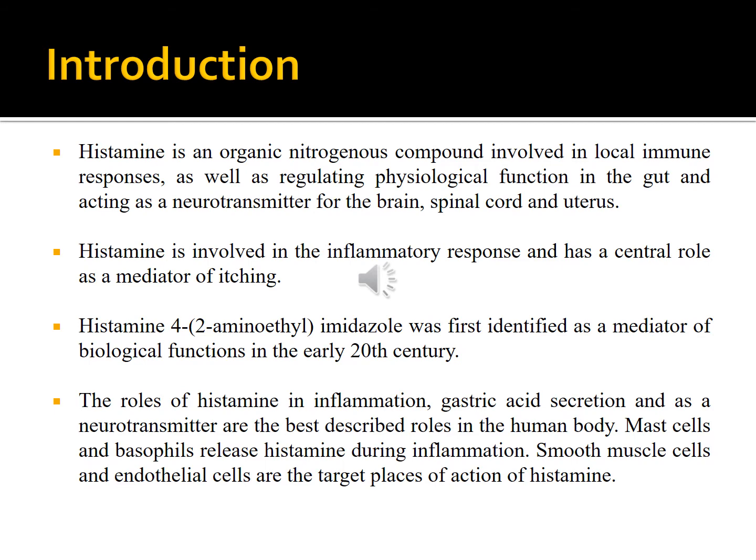The roles of histamine in inflammation, gastric acid secretion, and as a neurotransmitter are the best described roles in the human body. Mast cells and basophils release histamine during inflammation. Smooth muscle cells and endothelial cells are the target places of action of histamine. This leads to vasodilation and an increase in vascular permeability.